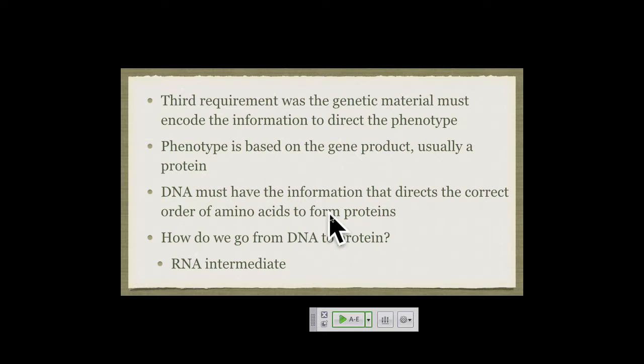How do the two communicate with each other? And in fact, it was Francis Crick who first suggested messenger RNA as this transient molecule that would then serve as the template to bring the information from the DNA in the nucleus out into the cytoplasm. So that's where we have this RNA intermediate.